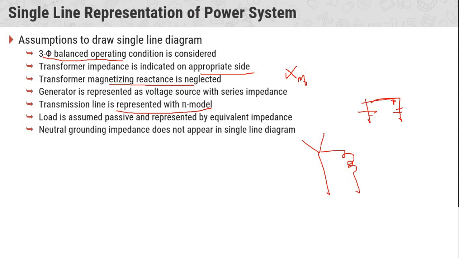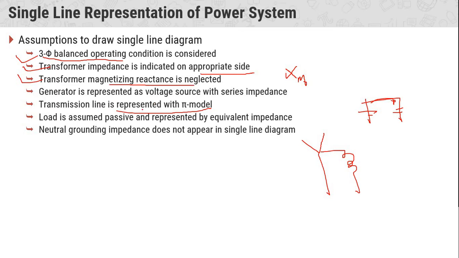So the first point is that three-phase balanced operating condition is considered. Transformer impedance is indicated on an appropriate side. Transformer magnetizing reactance is neglected. Generator is represented as a voltage source with a series impedance.